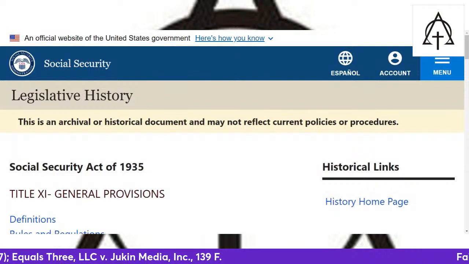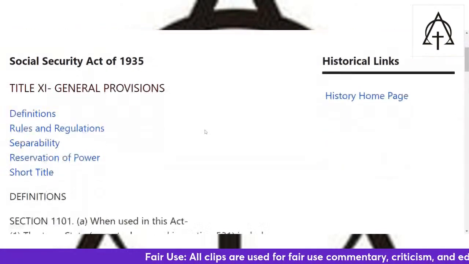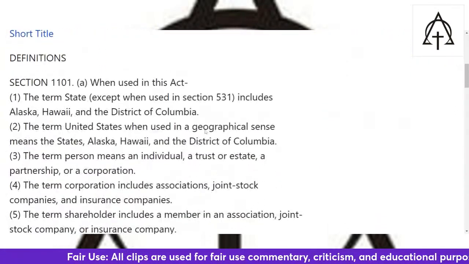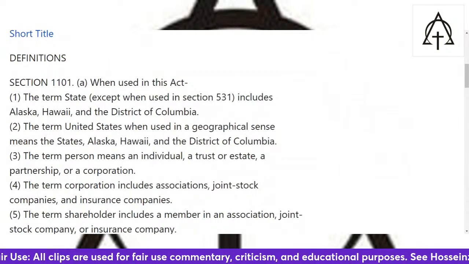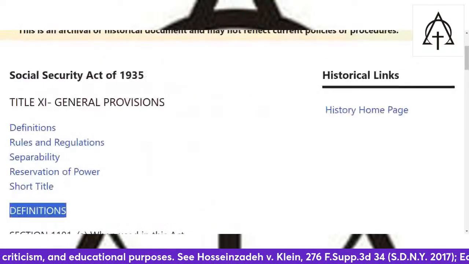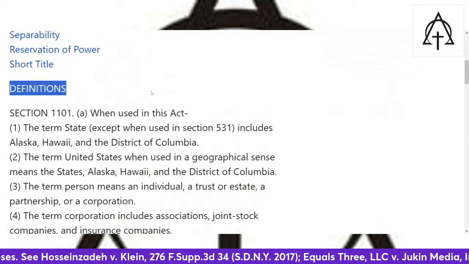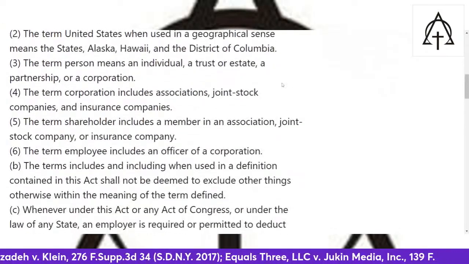This is an archival or historical document and may not reflect current policies or procedures. However, this is still current. Section 1101, when used in this act, is a set of definitions. This is 1101, 42 U.S. Code 1101.